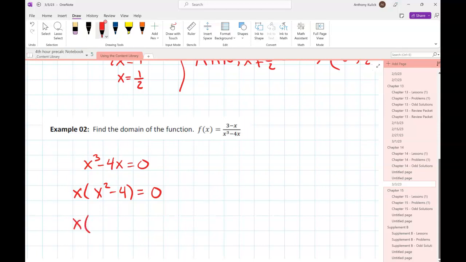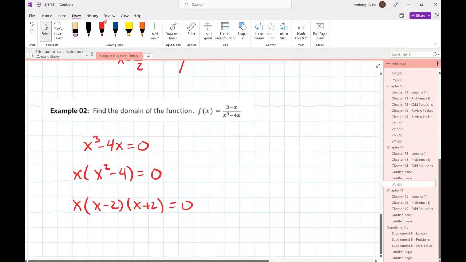So the two numbers that multiply to give you negative 4 and add to give you 0 are 2 and negative 2. So you could write that as (x minus 2)(x plus 2). You might have also recognized that as the difference of two squares, that factoring pattern. So now it's factored completely, right? Because everything is linear. What do I do now to solve it?